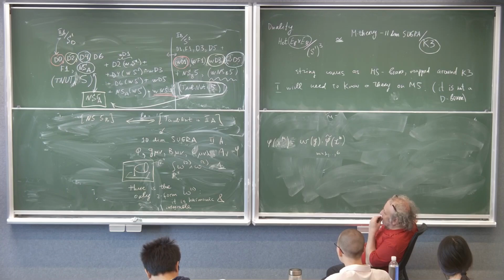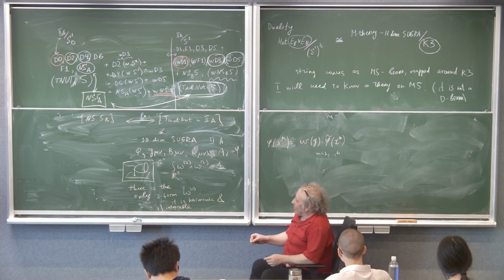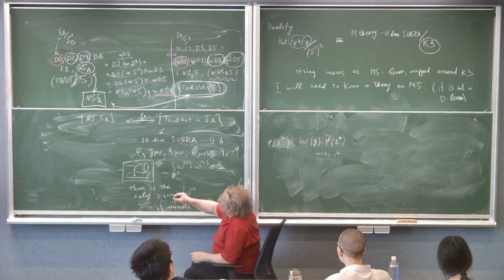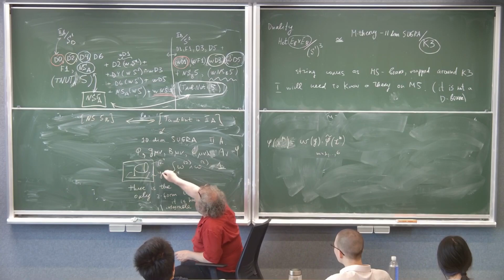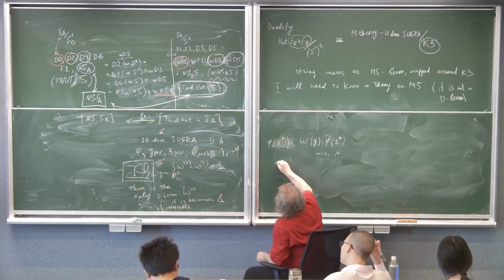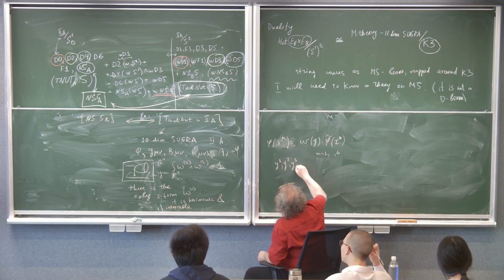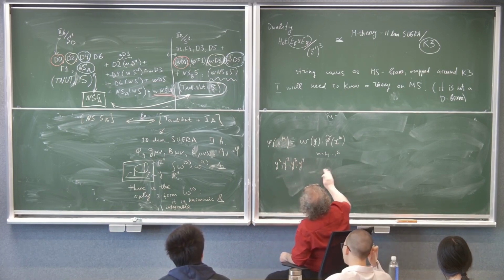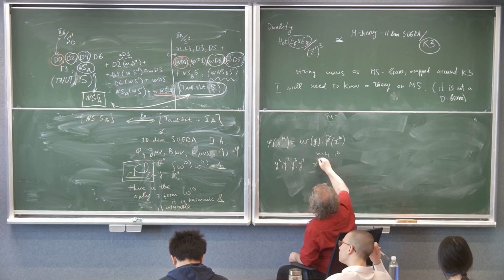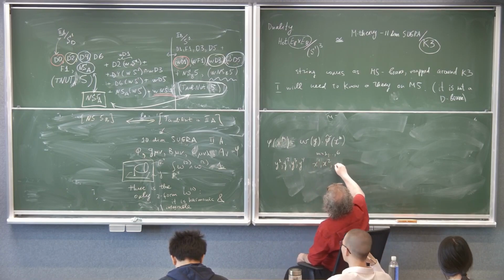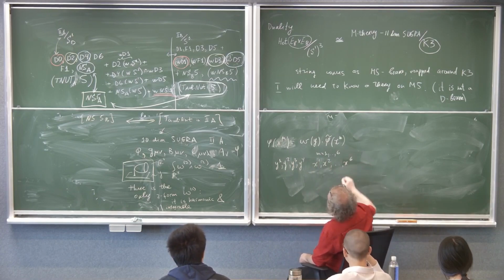So where do the coordinates y live? Coordinates y live here. So we have y1, y2, y3, y4. And we also have x1, x2, etc., x6.